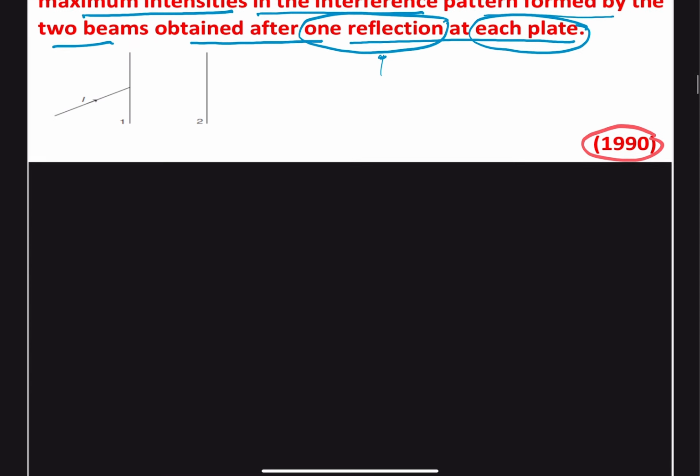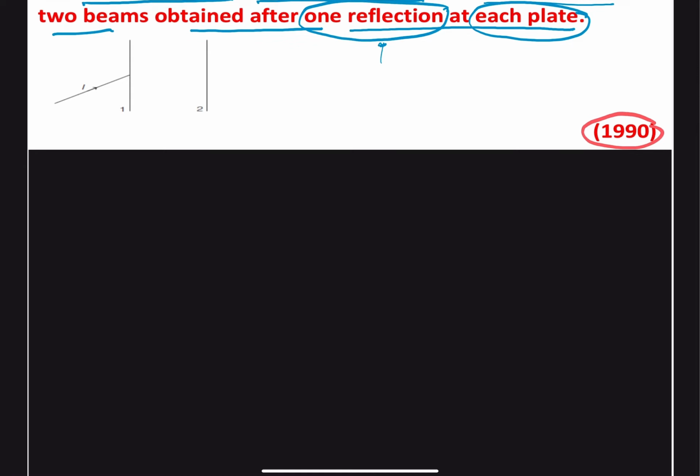So we can draw a rough approximation for that. Let us suppose this is our plate 1 and this is our plate 2.